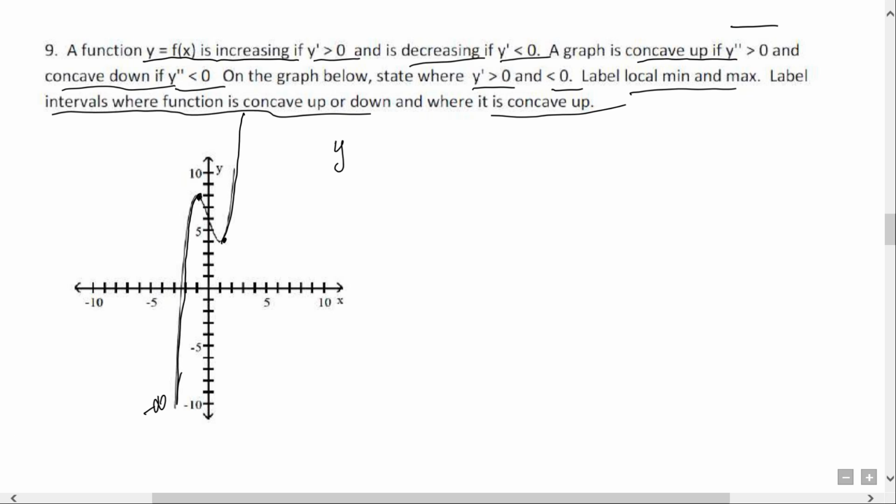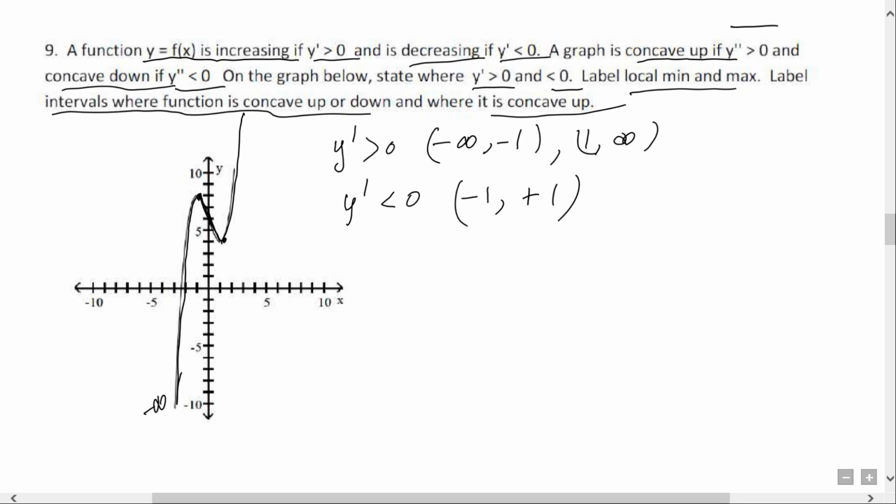So y prime is more than 0 for x from minus infinity to minus 1, and for x between 1 and infinity. Notice in this portion, y prime is less than 0 because it's decreasing. So that's between minus 1 and plus 1.